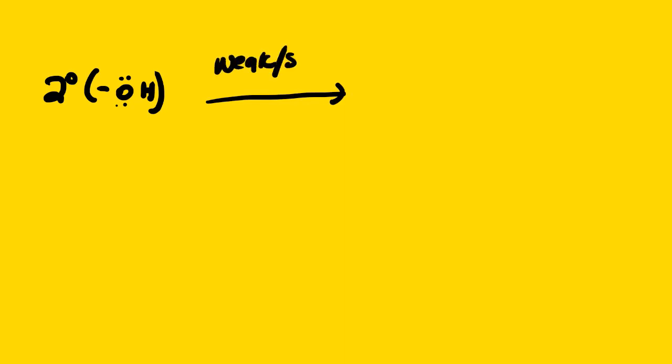For secondary alcohol, whether we use a strong or weak oxidant reagent, you should know that we always yield a ketone.